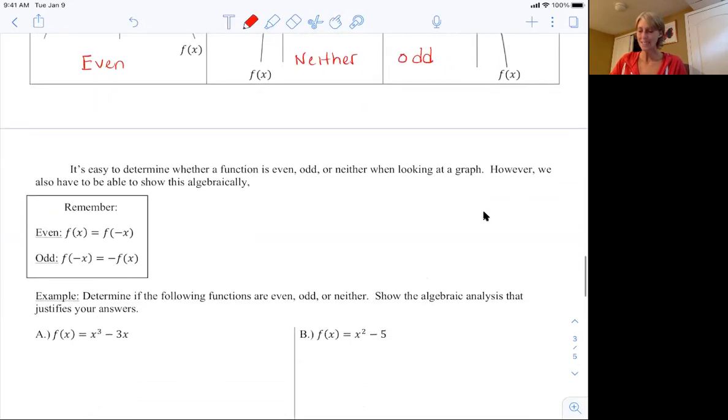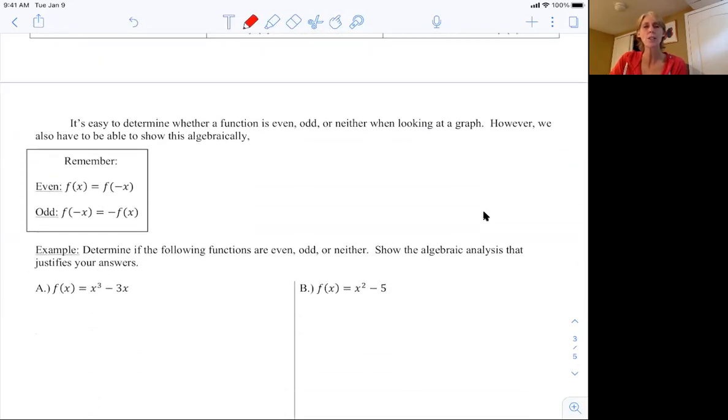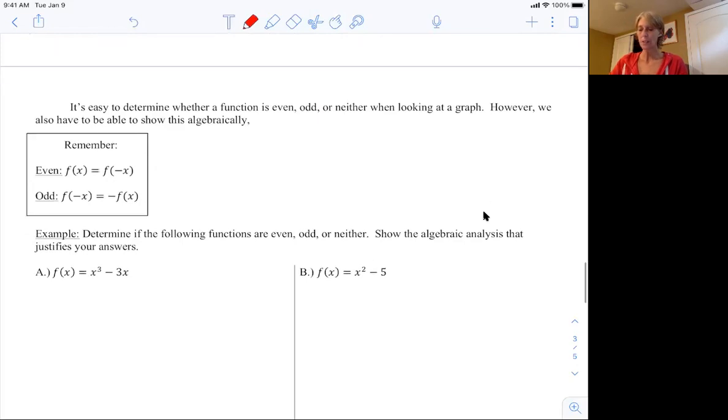Now, while it may be easy to determine whether a function is even, odd, or neither when looking at the graph, we also have to be able to do this algebraically. When we do it algebraically, we're going to use the actual function itself and look to see what we get. If we want to show a function is even, we want to show that f(x) is the same thing we would get as f(-x).